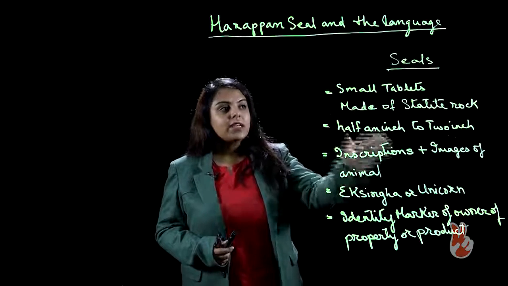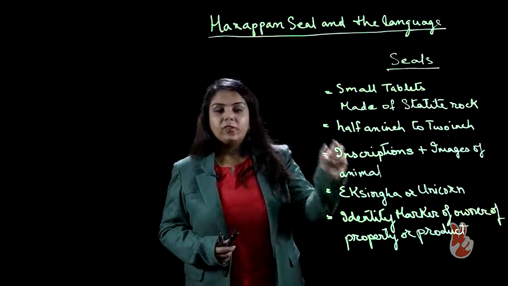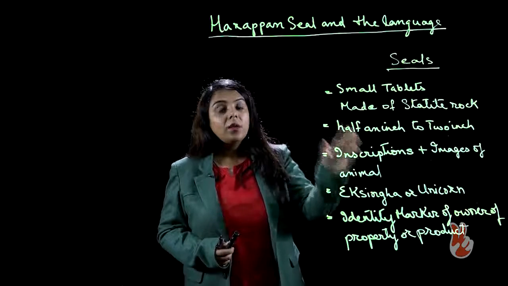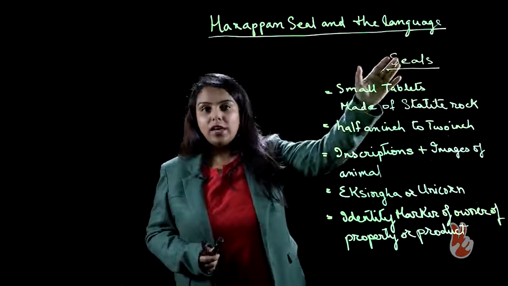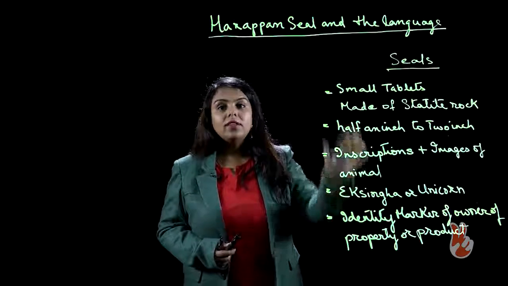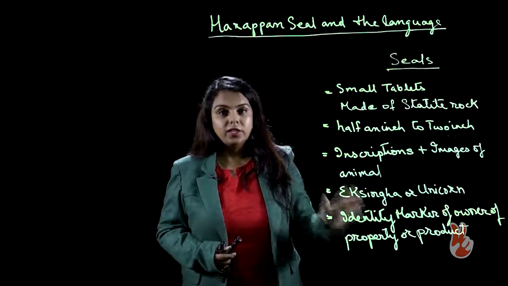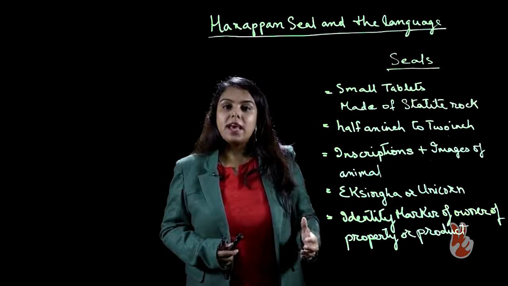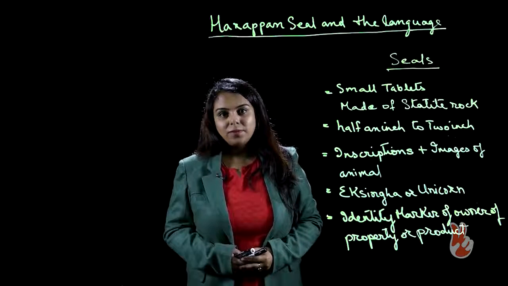Now, when we study the seal, the most important fact that we learn is that Harappans had a certain language, and this language is inscribed in the seal. However, the language has not yet been deciphered.